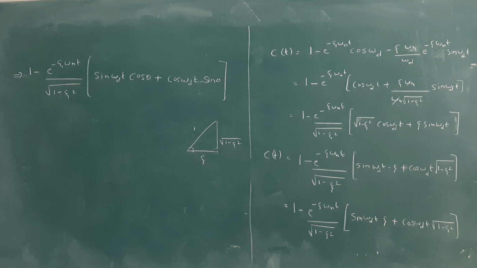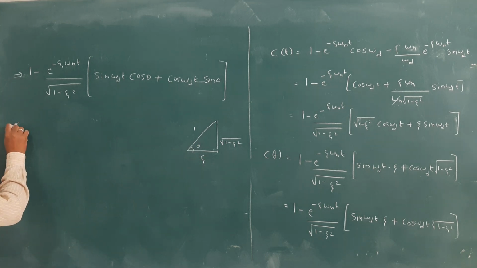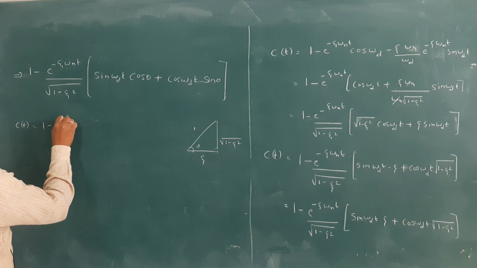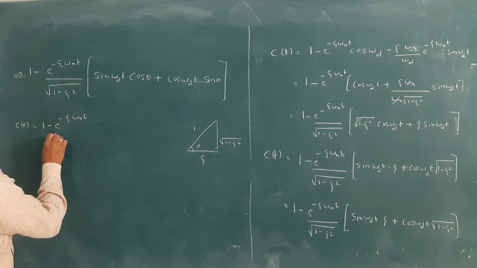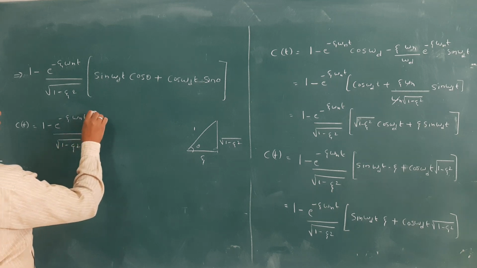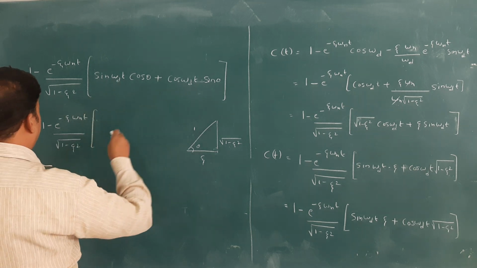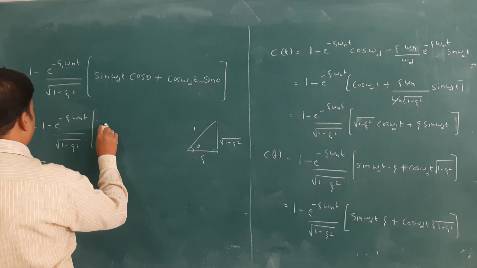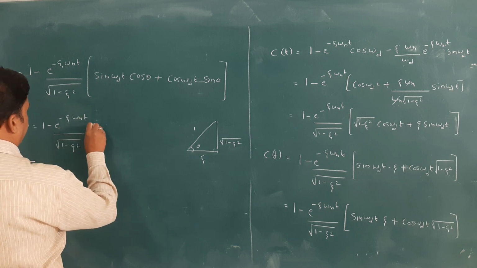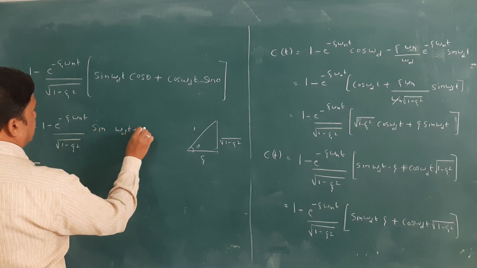Now c of t is equal to 1 minus e power minus zeta omega n t by square root of 1 minus zeta square, and we can write here sin a cos b plus cos a sin b. You can write sin of a plus b. Removing the bracket, sin a plus b, where a is omega dt plus theta.